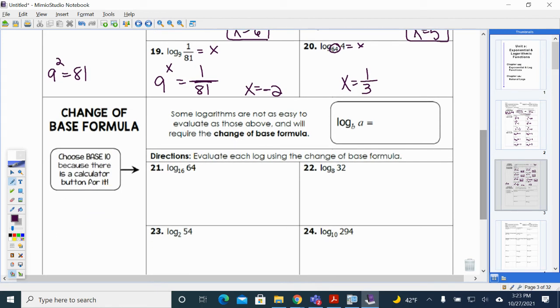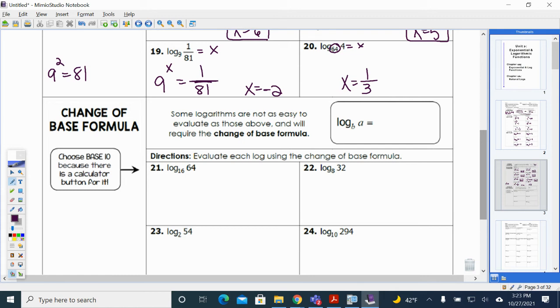This next section, the change of base formula, is old school. This is old technology. Our newer calculators have the log base function on it, so we really don't need this change of base formula. Some logarithms are not as easy to evaluate as those above. Like on number 20, we totally could have used this change of base formula.